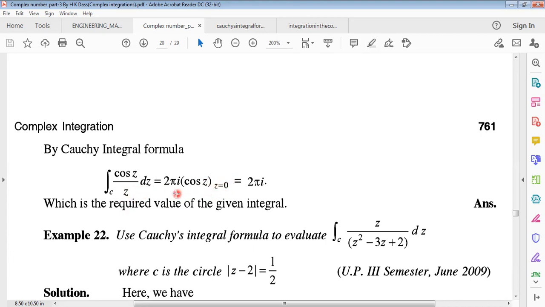At z equals 0, by Cauchy's integral formula this is 2πi into f of a. f of z means cos z. So if we put z equals 0, cos 0 equals 1. This is why the required value of the given integral is 2πi.